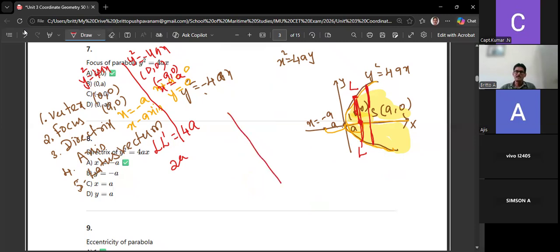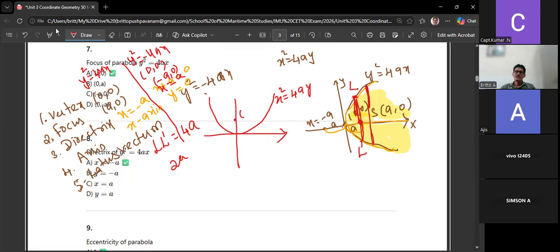This is the y-axis, this is the x-axis. Now the parabola is x squared equals 4ay, which opens up. So this is the parabola x squared equals 4ay. Now the focus should be inside the parabola, so it should be here.